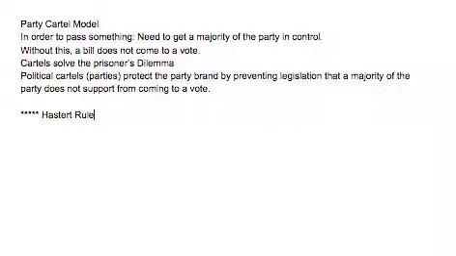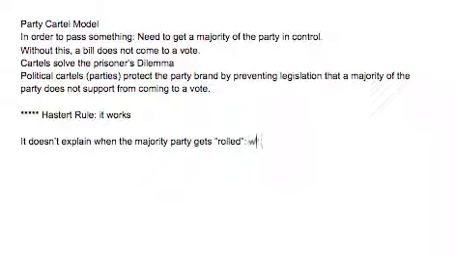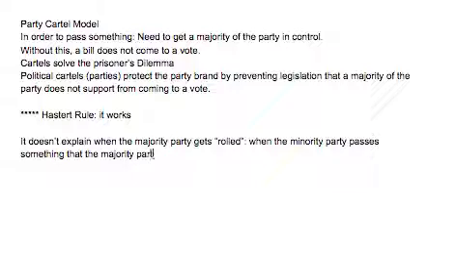Anytime you see members breaking ranks, anytime you see Republicans voting against their party, and especially if you see the minority party passing a bill that the majority of the ruling party does not like, well, that's an example of that model not working. So the Hastert Rule is when it does work, and it doesn't explain when the majority party, here's the term, gets rolled, when the minority party passes something that the majority party does not like.